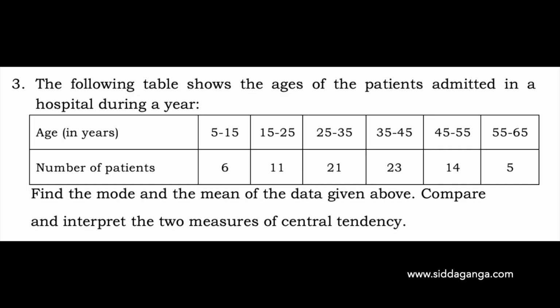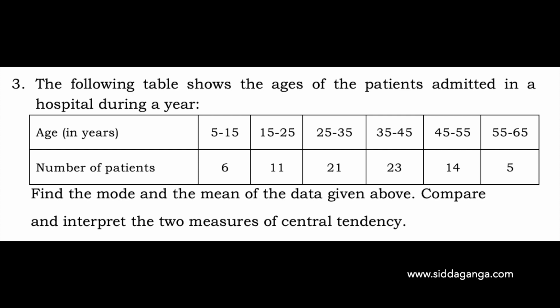The first one: the following table shows the ages of patients admitted in a hospital during a year. Age in years: 5 to 15, 15 to 25, 25 to 35, 35 to 45, 45 to 55, 55 to 65. Number of patients: 6, 11, 21, 23, 14 and 5.